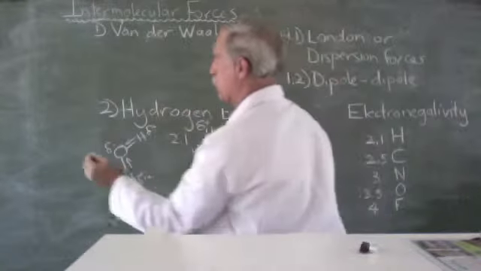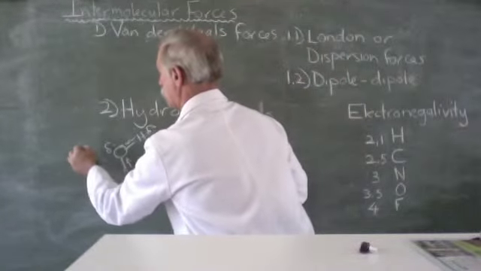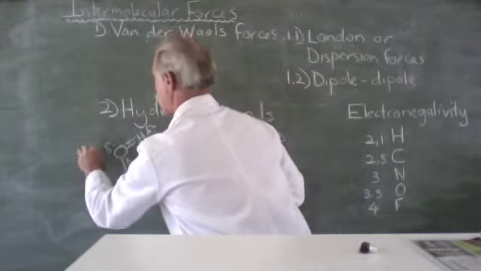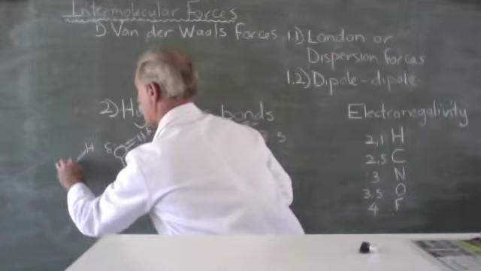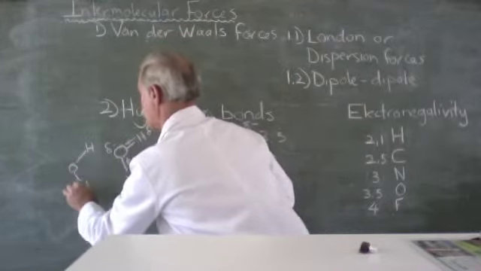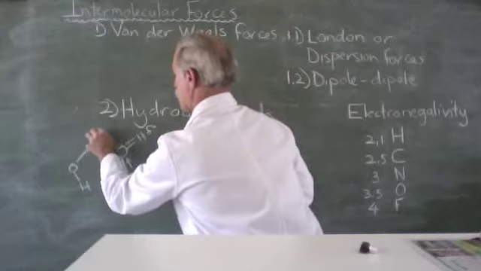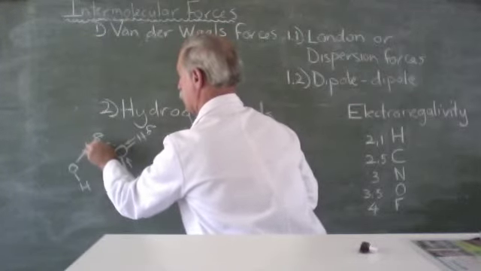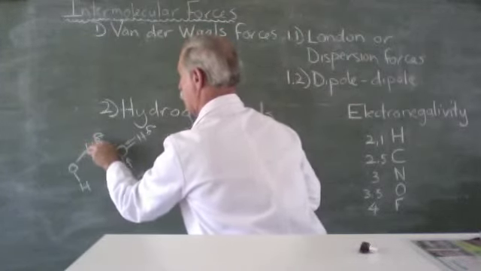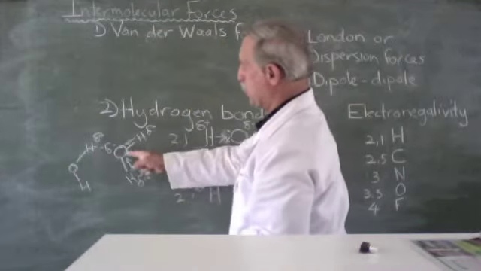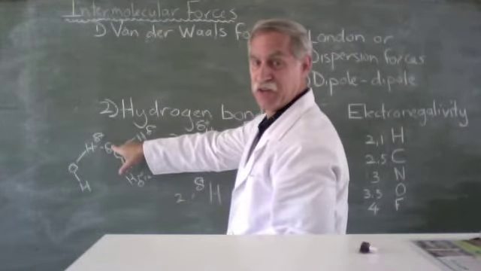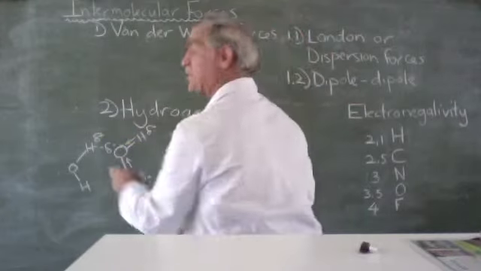Now what if we bring another water molecule here, where we've got a hydrogen, an oxygen, and another hydrogen there. This hydrogen is also slightly positive, and here we're getting a bond between this slightly negative and that slightly positive.